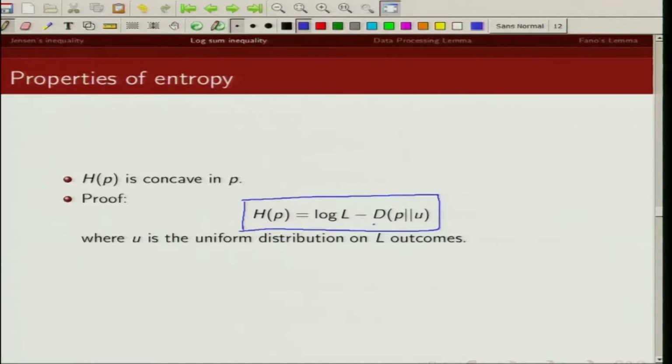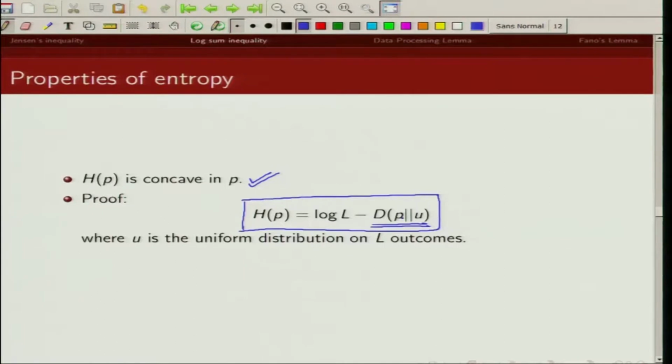Now we have already shown in the previous slide that the divergence function is a convex function. So minus of a convex function will be a concave function. So then from the previous result it is very clear that entropy is a concave function of P. That is because this is just a constant, and minus of a convex function will be a concave function.